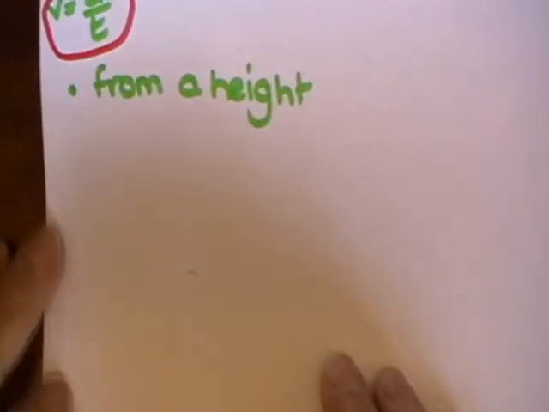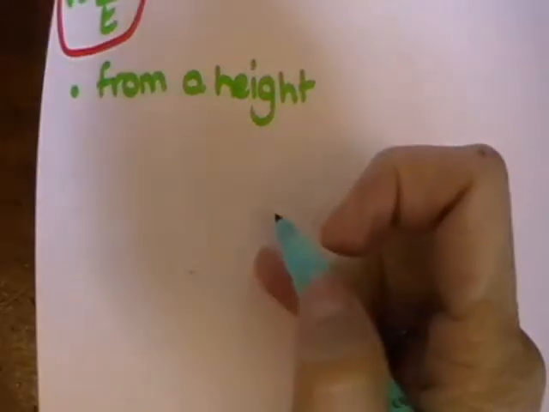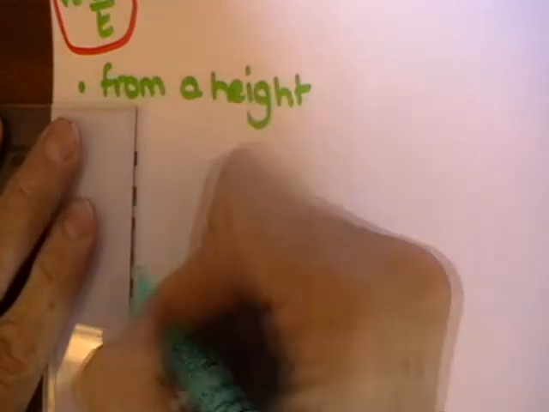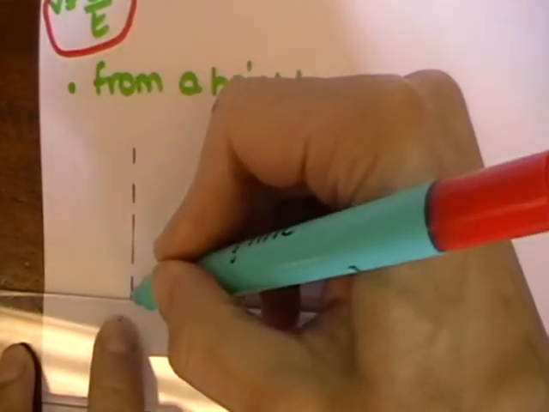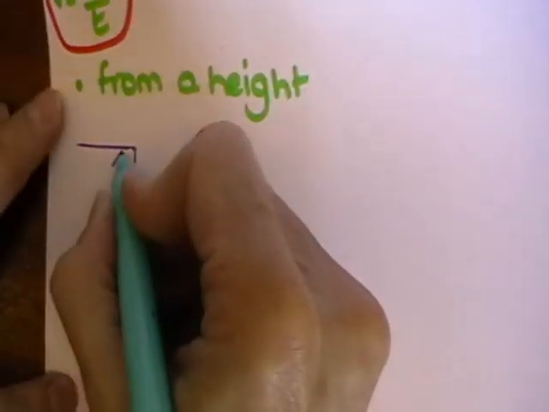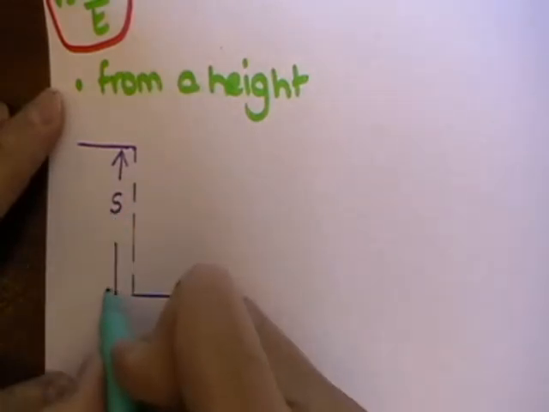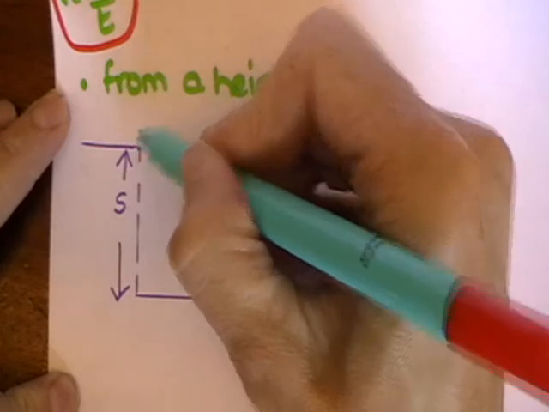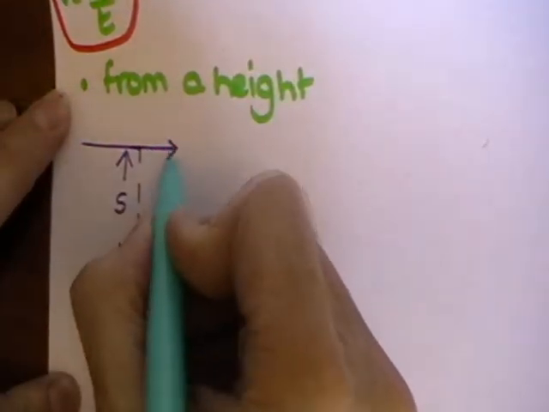The second type of projectile is a projectile which is falling from a height. And the height that it may be falling from is something like this. A cliff face, say, for example. You very, very often do know this height, but we'll just put it in as S, and that's a height. And you know that your projectile, you're generally given a horizontal velocity for that.